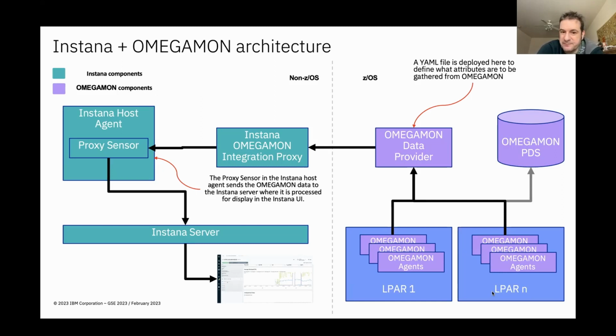And we've provided predefined dashboards so far for KICS, for the z/OS agent, for the JVM agent and the MQ agent, and we're going to be adding more this year so that there is a native out-of-the-box integration between OMEGAMON and Instana.